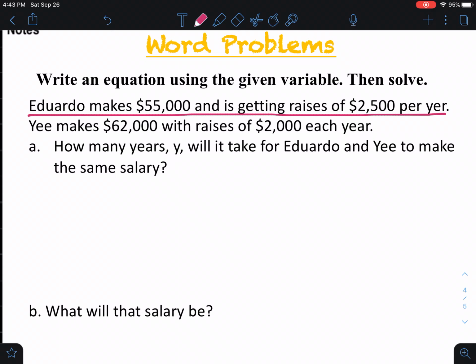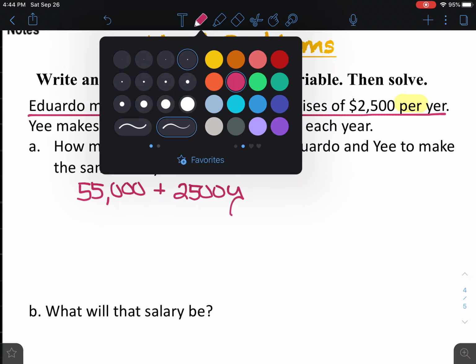Okay, so he's making $55,000 to start. And he's getting a raise of $2,500 per year. And we know that we're supposed to use Y, so multiplication. All right, so there's our first one. Now let's do our second one here.